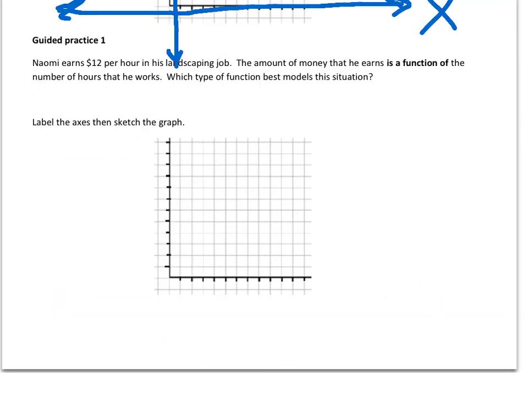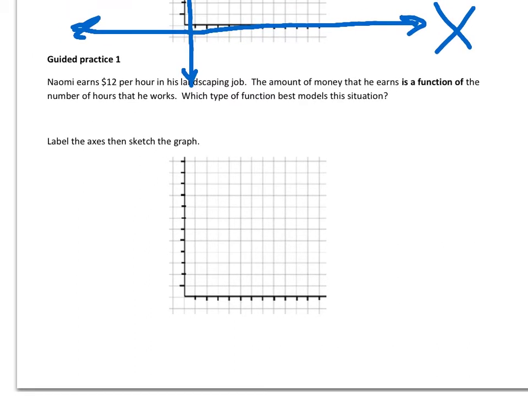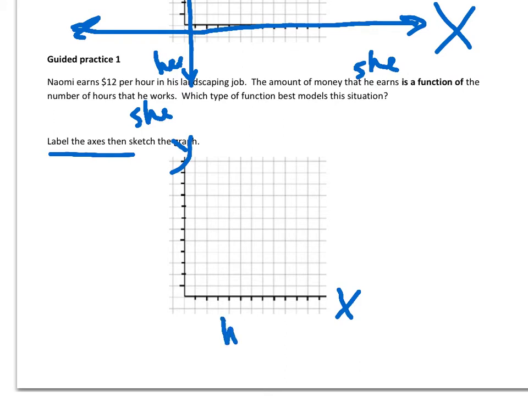Okay, let's look at guided practice number 1. Naomi earns $12 per hour in her landscaping job, and the amount of money that she earns is a function of the number of hours that she works. Which type of function best models the situation? Again, label the axes and sketch the graph. So we have x and y, hours and money.